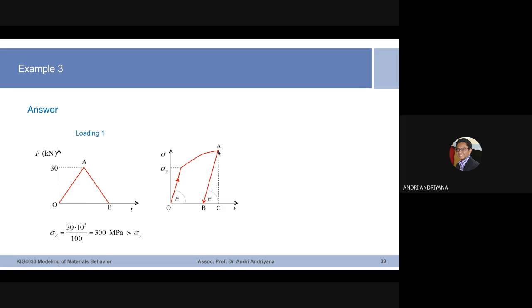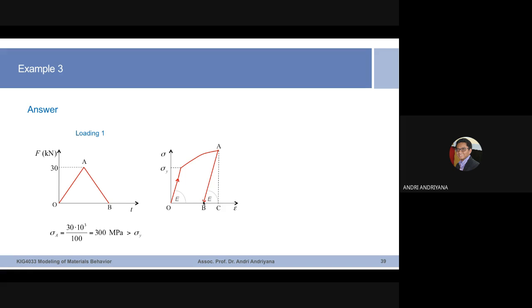And then it is higher than the yield strength, so plastic deformation will occur. So when you unload, you remove the load, so it will bring back to 0 force or 0 stress. But it will not go back to the initial path here because you introduced plastic deformation. So instead, it will follow this curve to point B with the same slope.